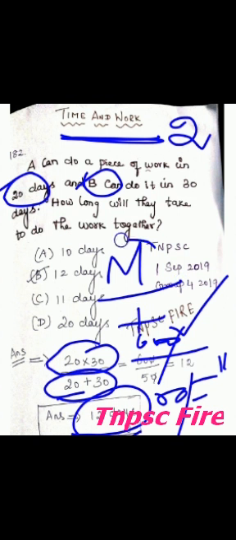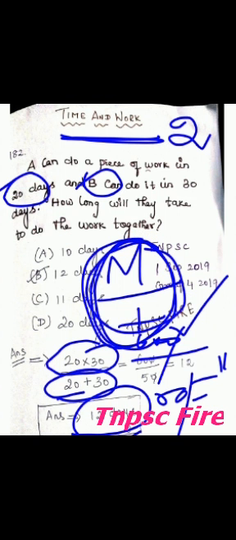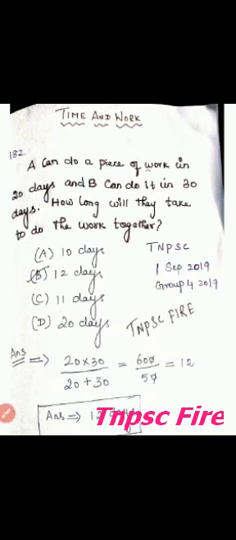Please don't forget this trick for time and work questions. Use the same trick for all questions, with only small changes according to the question. Shall we move on to the next question? You will get more clarity.